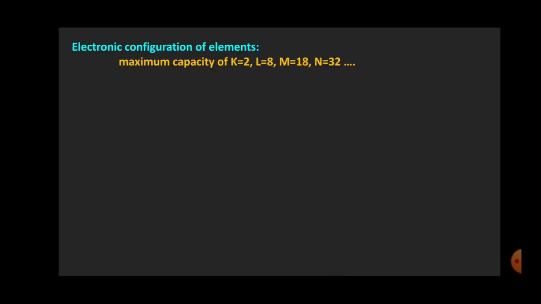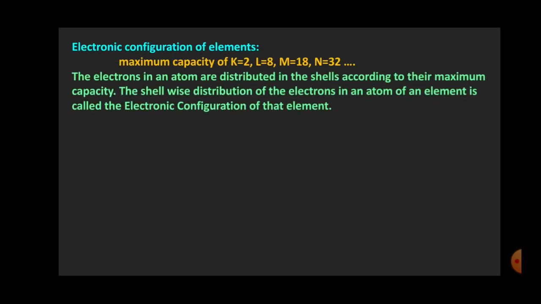Then the next topic is electronic configuration of elements. Now, what does electronic configuration mean? The electrons in an atom are distributed in the shells according to their maximum capacity. The shell-wise distribution of the electrons in an atom of an element is called the electronic configuration of that element. In the previous paragraph, I told you that 2n² is the formula to find out the maximum number of electrons.